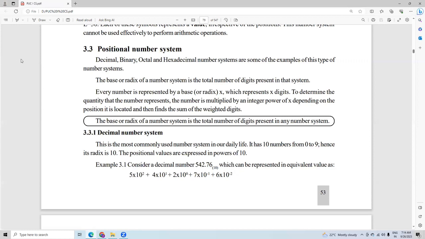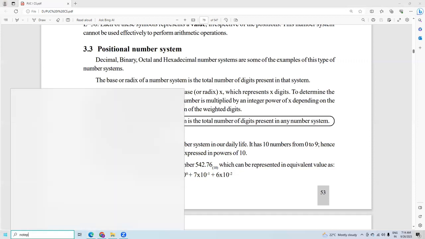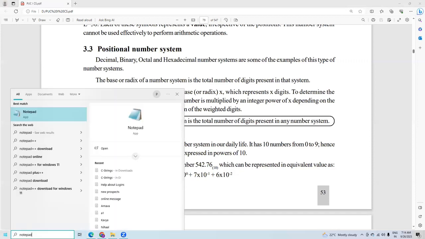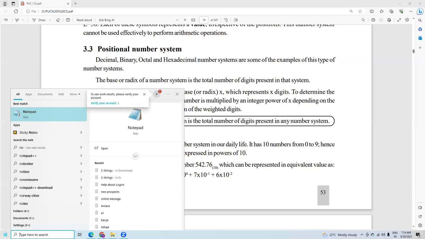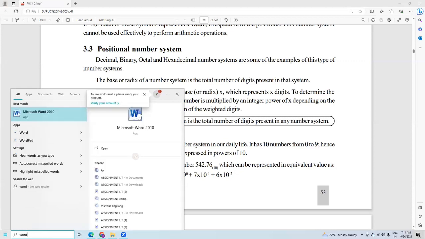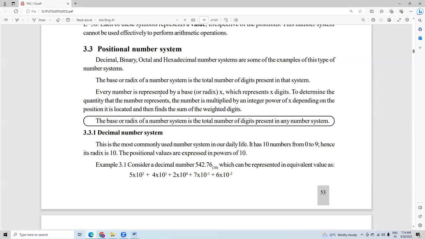That is called the base or radix of a number system. Every number is represented by a base. Base or radix, both are the same. For example, a number with base x represents x digits.